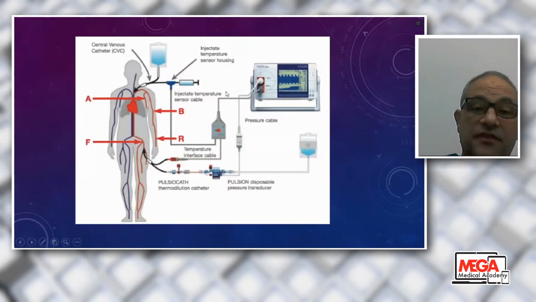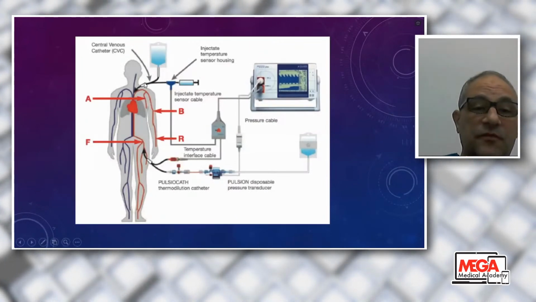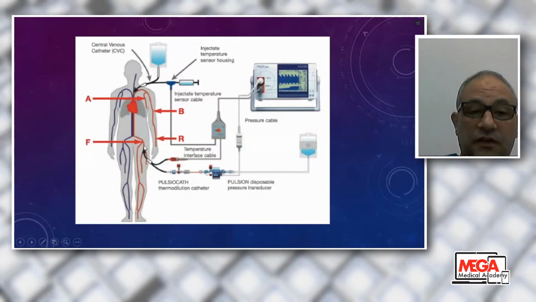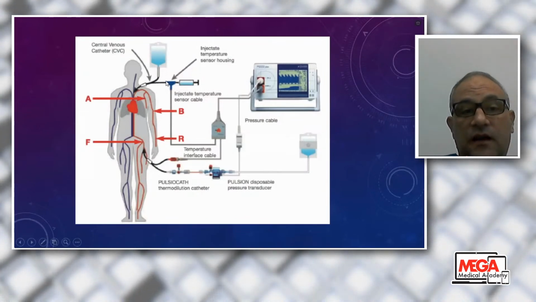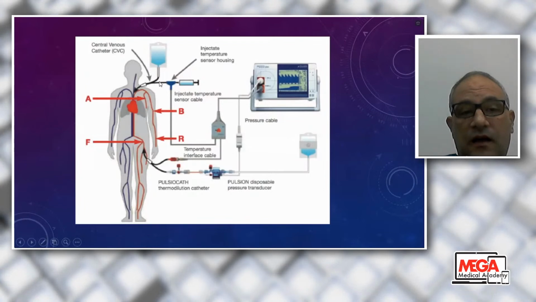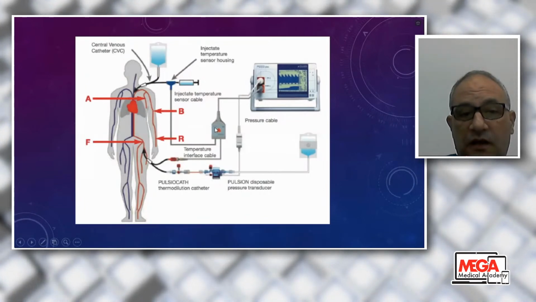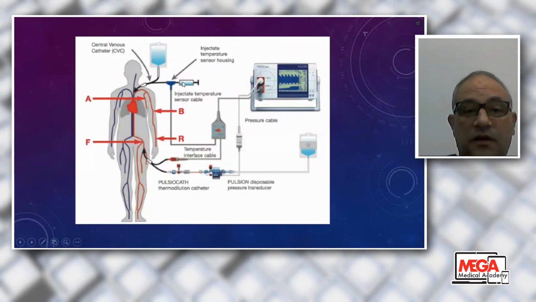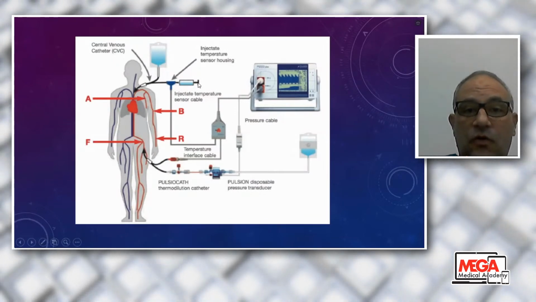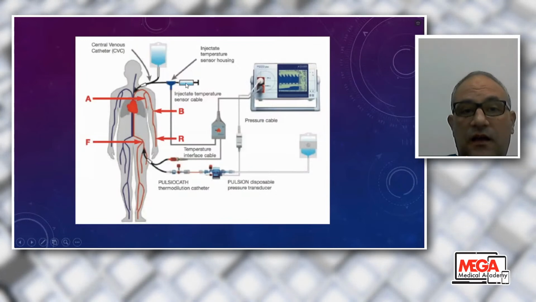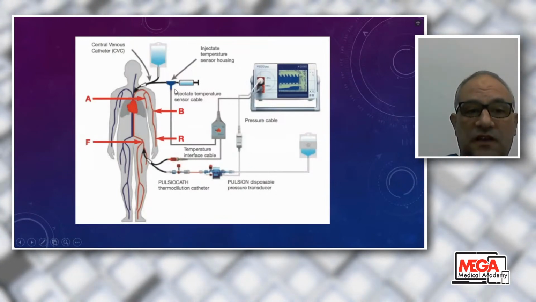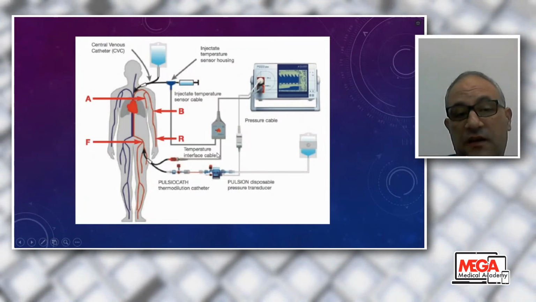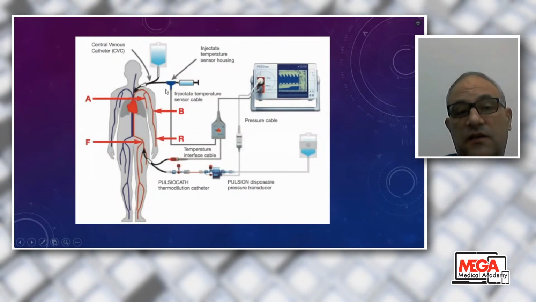coronary artery bypass grafting. Here is the PICO system where I insert a central line and a femoral arterial line. Then I connect the central line with the femoral line through a temperature interface cable. I inject cold saline through the central line, and I sense the change in temperature through the femoral line through this cable.